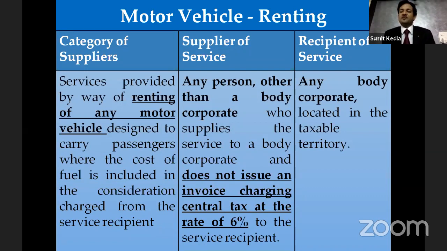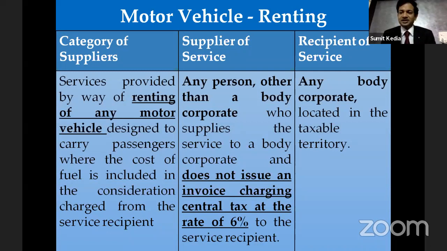So if I receive a service under the category of renting of motor vehicle, RCM might be applicable. But there are some criteria to be satisfied under which RCM will apply. So let's see those. The entry reads as services provided by way of renting of any motor vehicle.